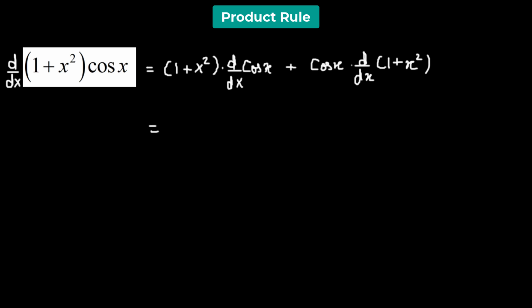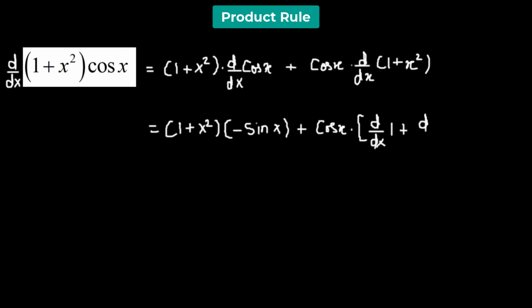So that will be equal to 1 plus x squared multiplied by, because the derivative of the cosine function is negative sine x, plus cosine of x multiplied by the derivative of 1 plus the derivative of x squared.